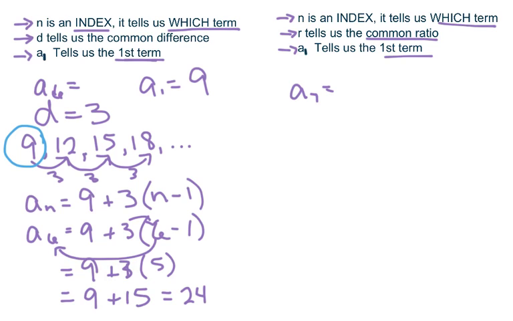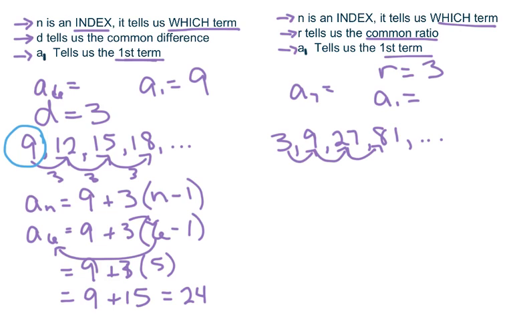Same thing on the geometric. 3 times 3 is 9. 9 times 3 is 27. 27 times 3 is 81. So my r is 3. My a of 1 is 3. So a of n equals my a of 1 first, which is 3, times my r, but that r has to be raised to the n minus 1.